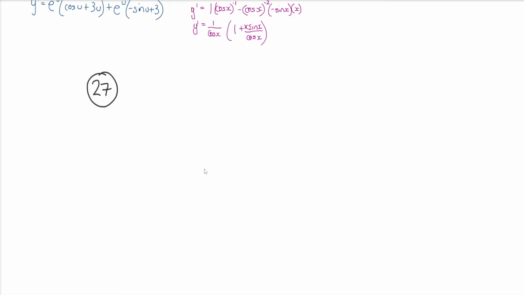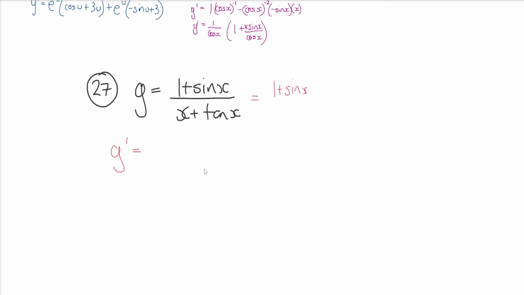Let's say, what should we call this one? G. It's my G. 1 plus sine x all over x plus tan x. Okay, G prime. So, it's going to be ugly, but let's not make it uglier by doing quotient rule.